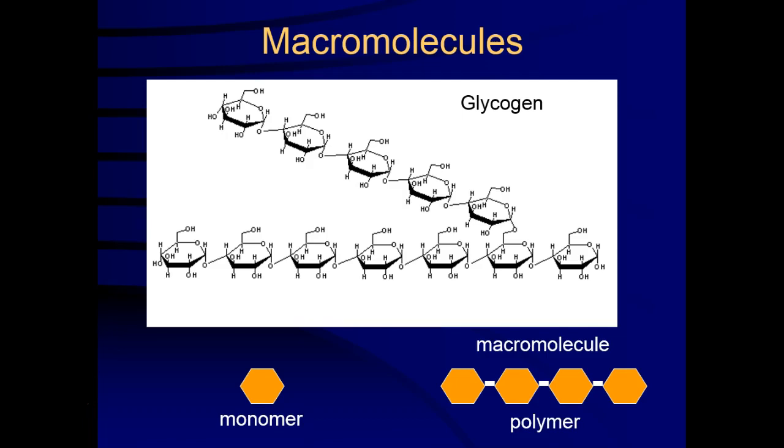In fact, in this little picture here, what you're seeing is a type of carbohydrate that is found inside of our skeletal muscles, as well as found in our liver. This is a form of animal starch called glycogen. If you look at glycogen, you'll notice that it's just one repeating molecule after another. That's the same molecule. That's glucose.